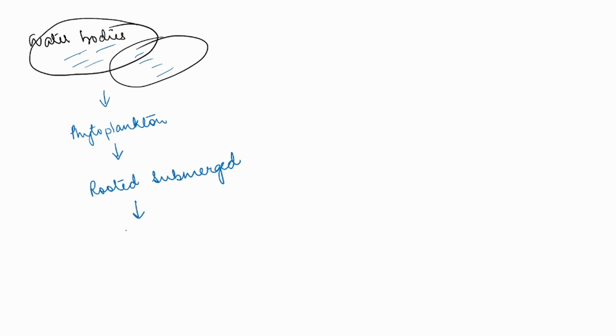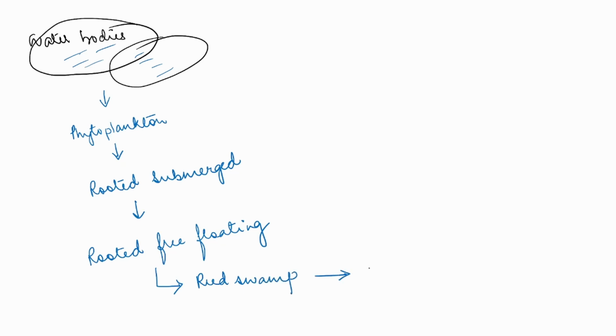Then what will come? Rooted free floating. Then comes your reed swamp stage. Then comes your marsh meadow. Then scrub and small tree, and then this will change into forest.